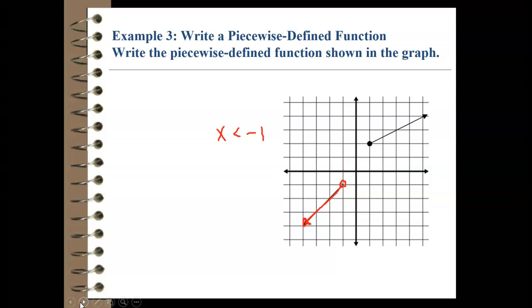The graph over here starts at 1, 2, which means it represents x values greater than 1. And since it's a closed circle, also equal to 1.